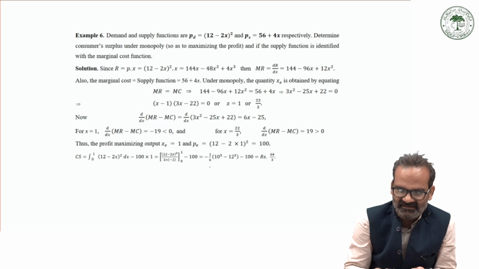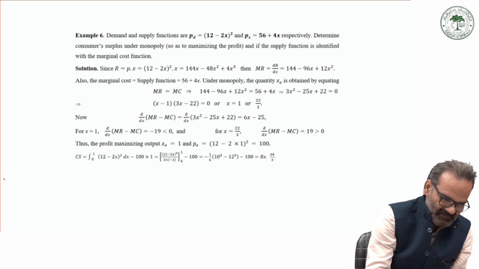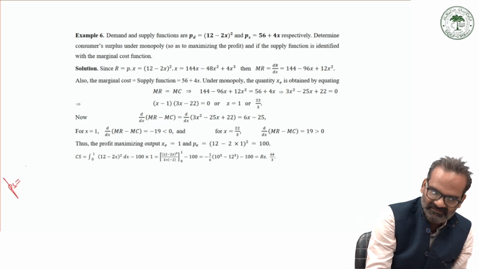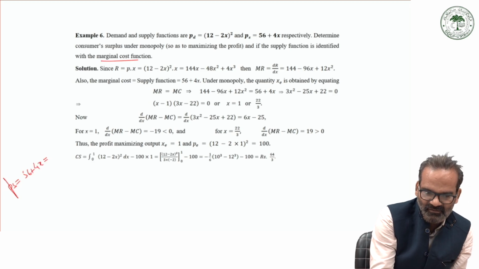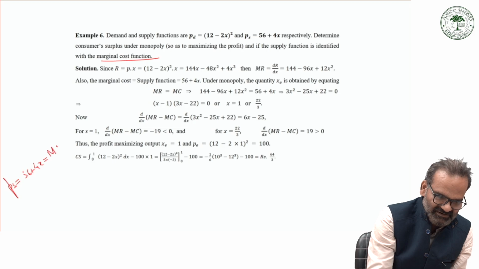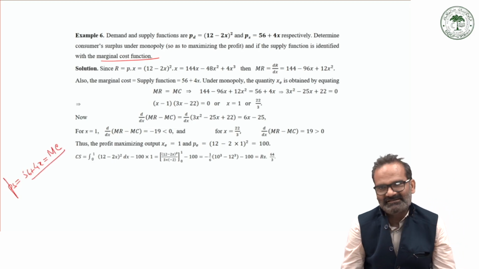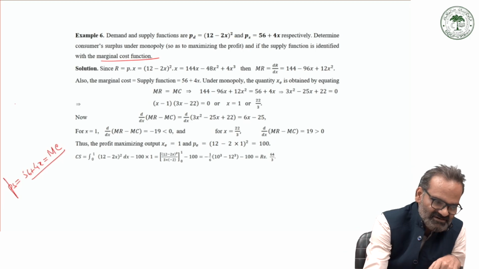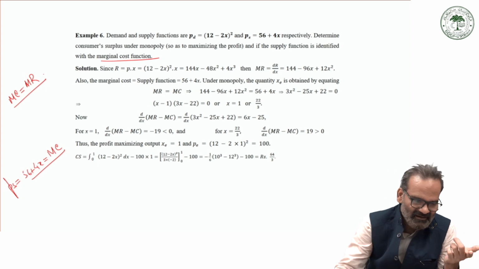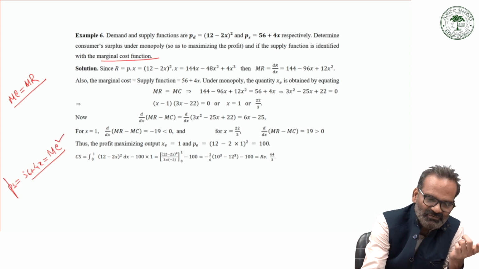This supply function PS is given as 56 plus 4x. This should be treated as marginal cost function, that is MC, right? What is the condition of monopoly? Marginal cost should be equals to marginal revenue. Almost same question. Marginal cost is given to you.